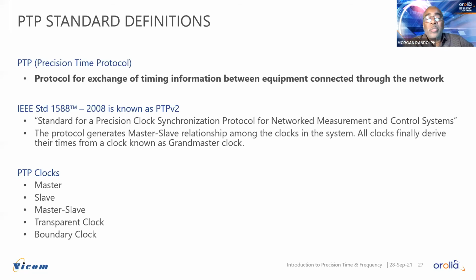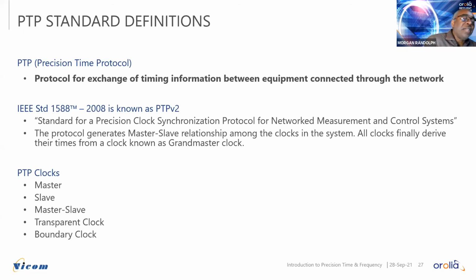Before that, there was a version 1, and we'll touch base on that on the next slide. It's a standard for a precision clock synchronization protocol for networked measurement and control systems. The protocol generates master-slave relationships among the clocks in the system. All clocks derive their time from a clock known as the Grandmaster. And we'll touch base on all of that as we go forward.